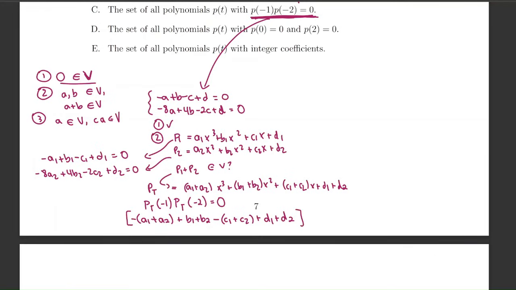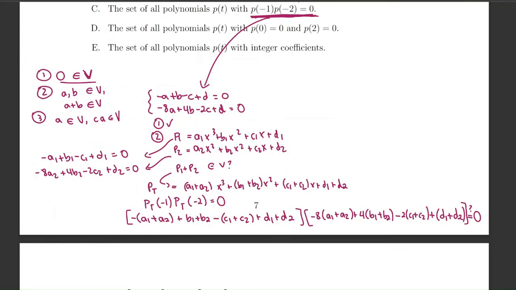This is pt(-1). Then pt(-2) gives us negative 8 times (a1 plus a2) plus 4 times (b1 plus b2) minus 2 times (c1 plus c2) plus (d1 plus d2).